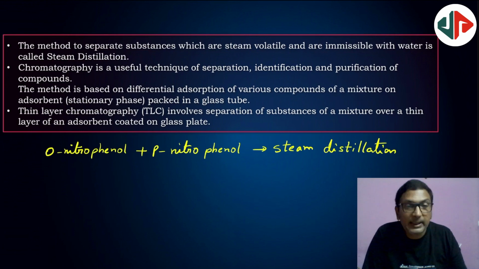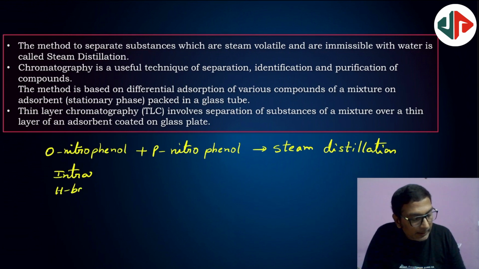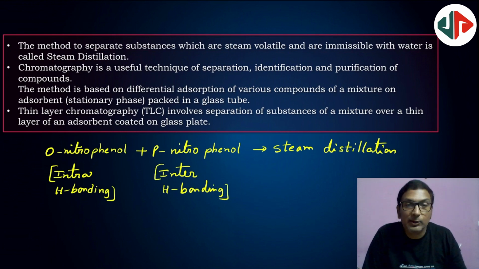Here orthonitrophenol has intramolecular hydrogen bonding, while paranitrophenol has intermolecular hydrogen bonding. Therefore, orthonitrophenol is steam volatile.